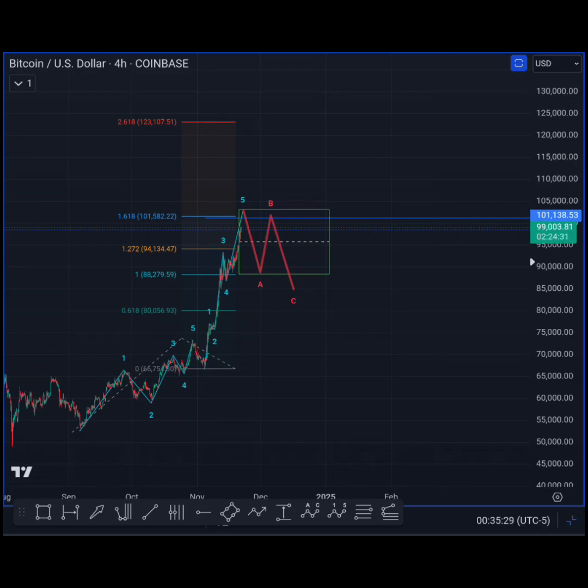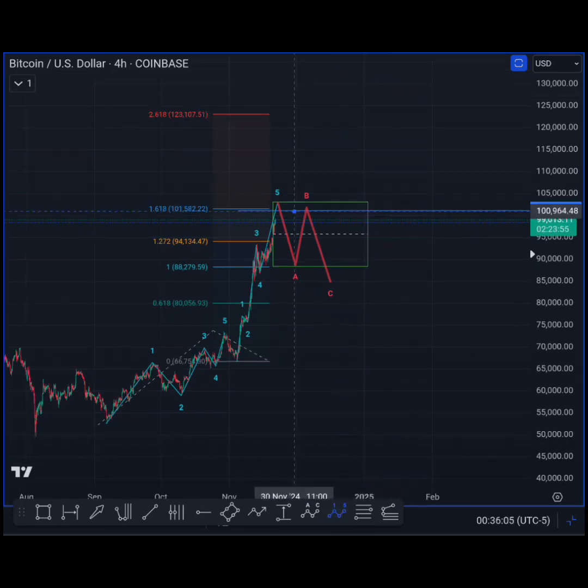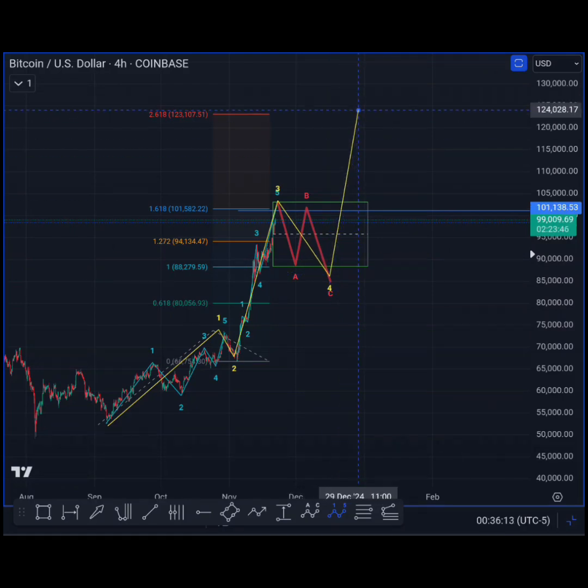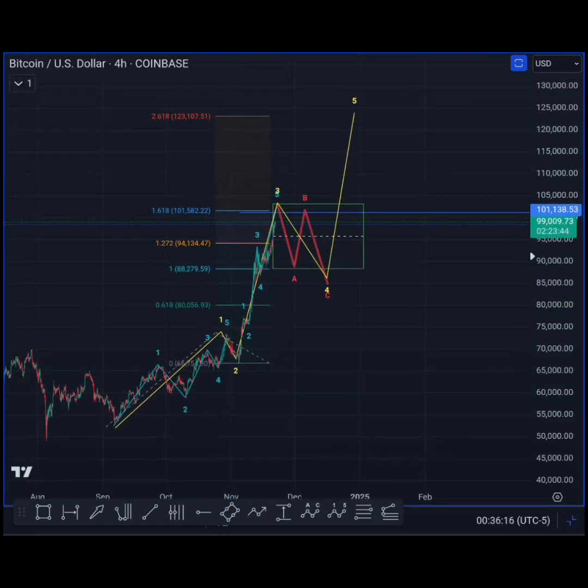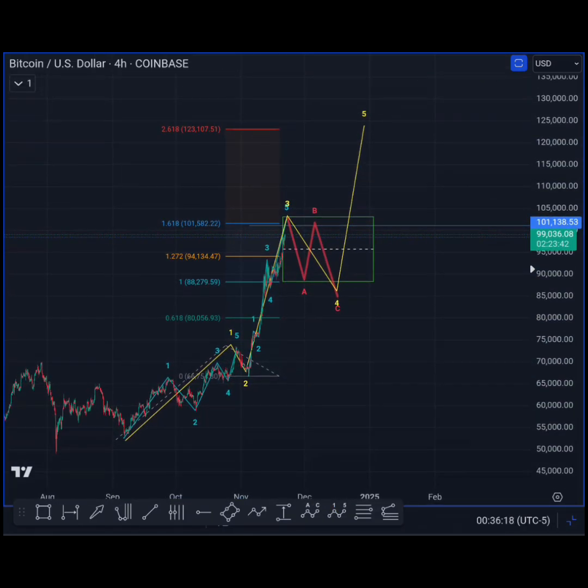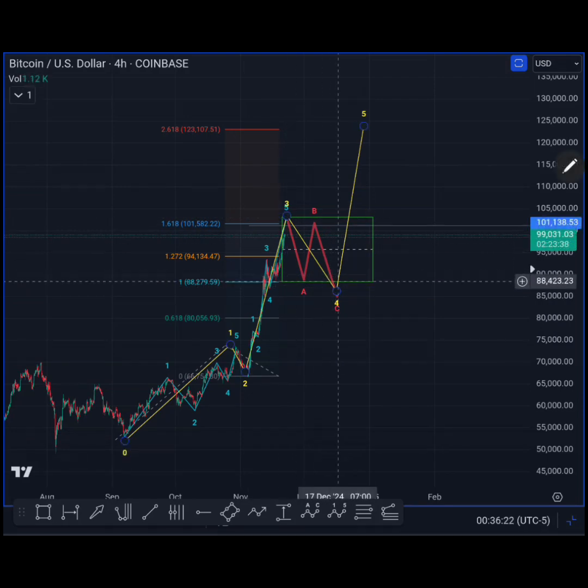So let's label that. Simple 1, 2, 3, 4, 5. And that would complete a funky looking 5-wave structure with good measurements and a very nice retrace to the 0.5 fibs. That's where I would look.